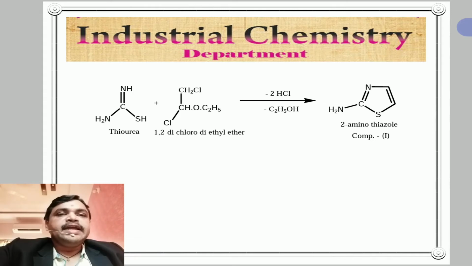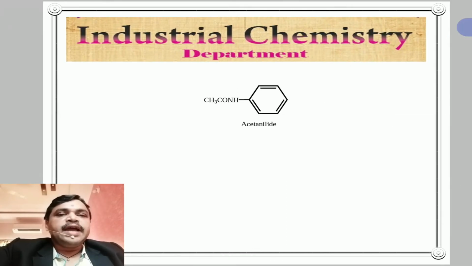So the interaction between thiourea and 1,2-dichlorodiethyl ether gives 2-aminothiazole. Now we see the next step.